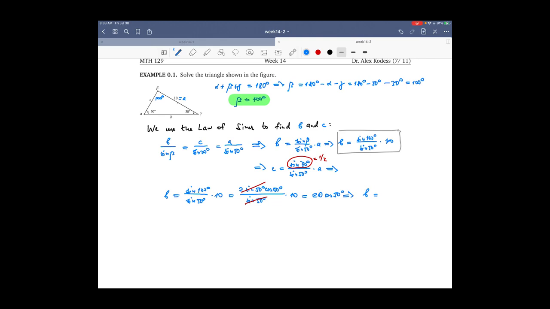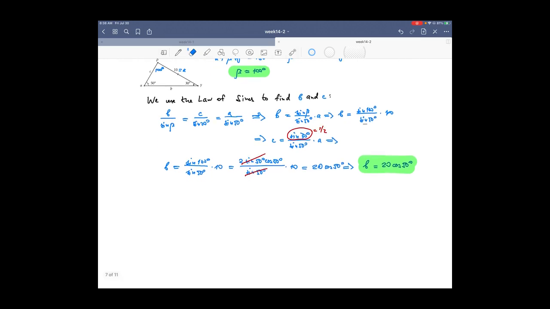That's b. And likewise, I can simplify c, which is sine 30 degrees over sine 50 degrees times a.